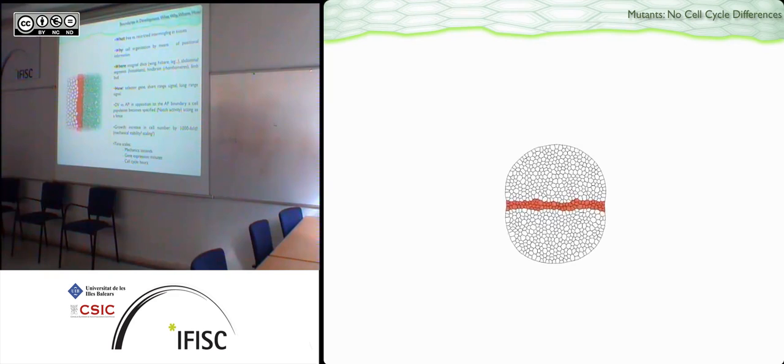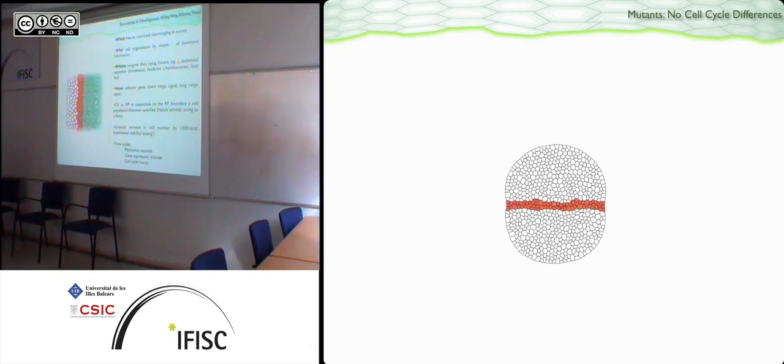Mostly because they want to organize in a two-cell stripe because of the mechanical effects. The cell affinity and things like that have a very important role in keeping it to a two-cell wire.